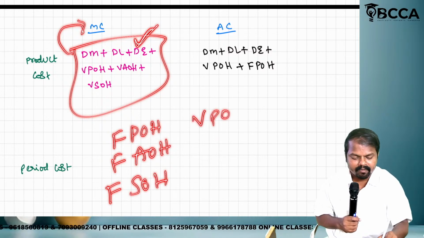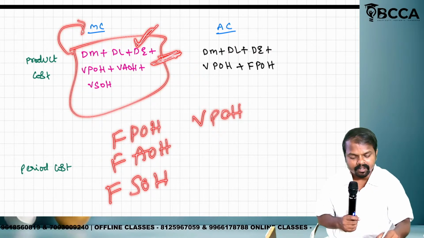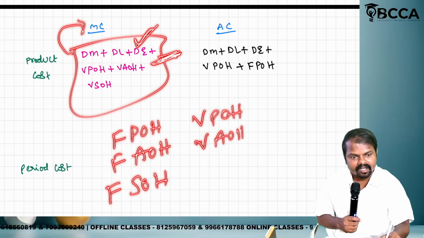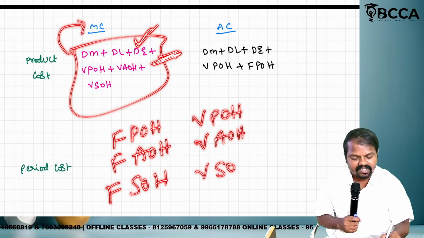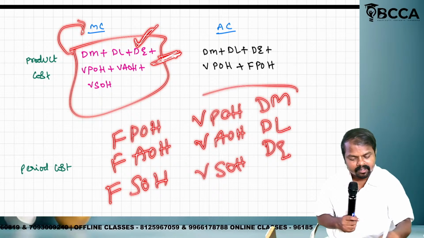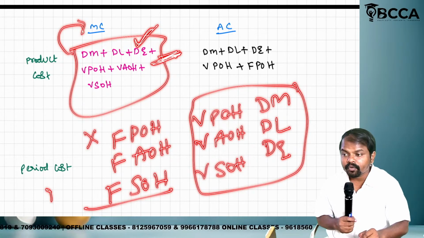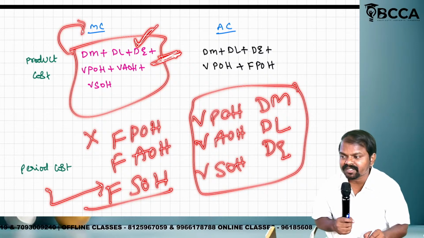Variable portion of POH, covered? I am asking as per this definition. Variable portion of AOH, covered? Variable portion of SOH, covered? Direct material, covered? Direct labor, covered? Direct expense, covered? This portion is covered.